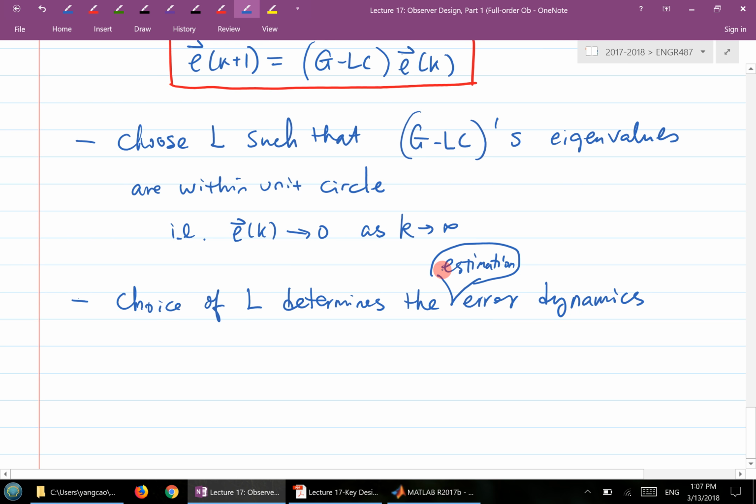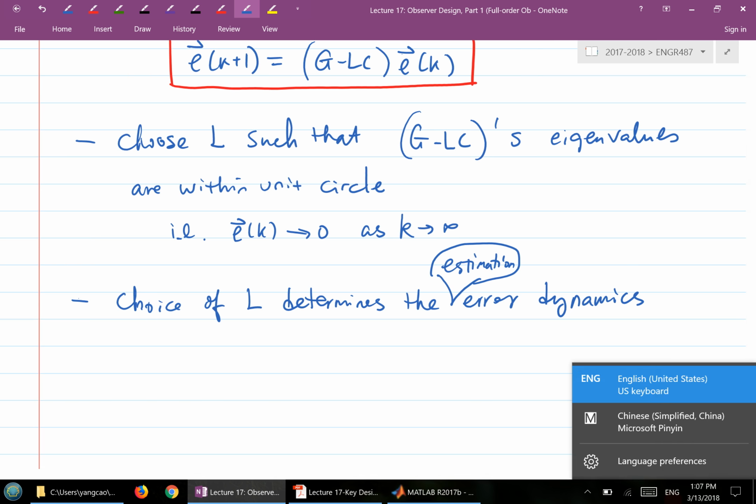Just like you choose the pole placement gain K, which will determine the system response dynamics, here you choose L wisely and then you determine the estimation dynamics.